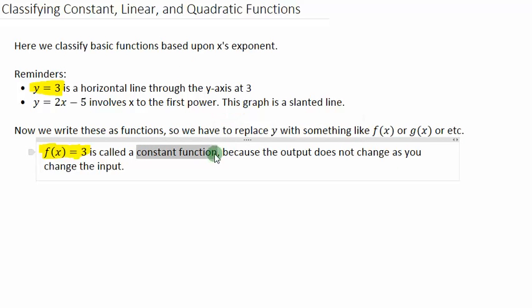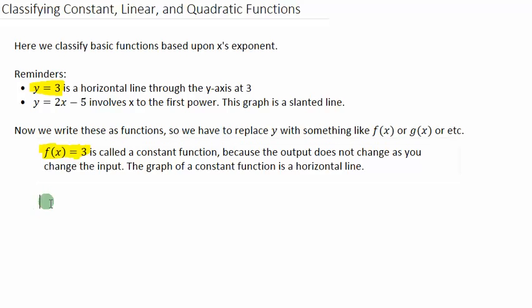So that's one of the first functions we'll look at. The graph of a constant function is a horizontal line. The y value doesn't change. It's the same all the way across. Okay, next. f of x equals 2x minus 5 contains x to the first power, as we said before.